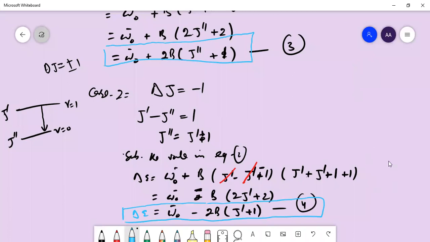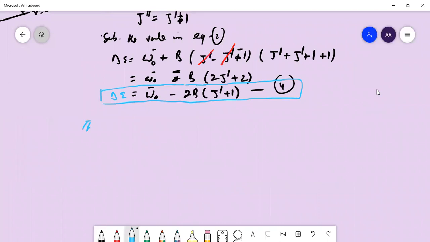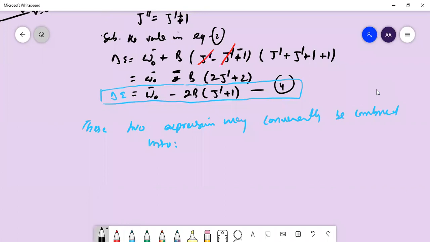When we combine these two equations, equation number 3 and equation number 4, these two expressions may conveniently be combined into, I can write delta E for J and V, that is both rotational and vibrational, equal to the spectrum, that is our wavelength, omega naught minus 2Bm.